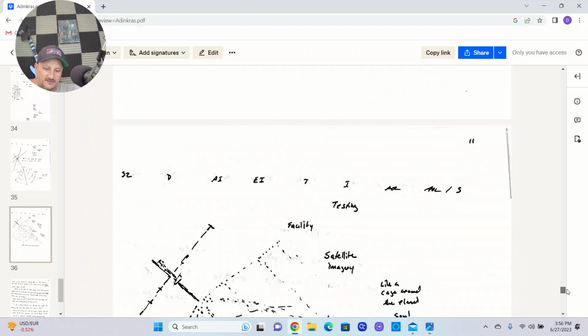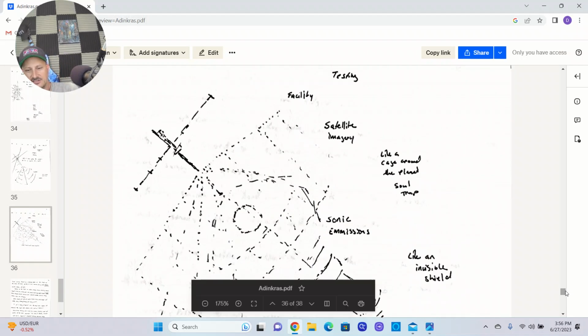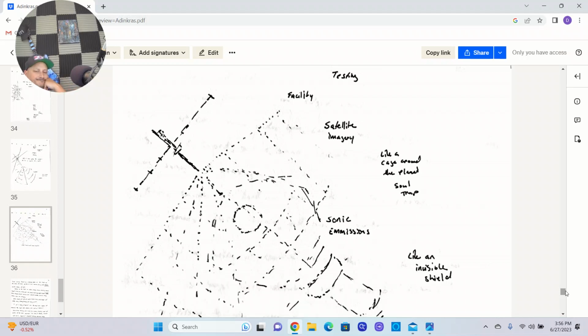Yeah, so to me, okay, so here's like the big sketch. To me, it was almost like this center orb was like Earth, and there was this invisible energy grid like wrapped around it.